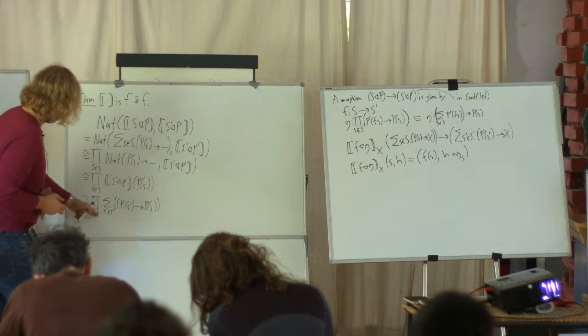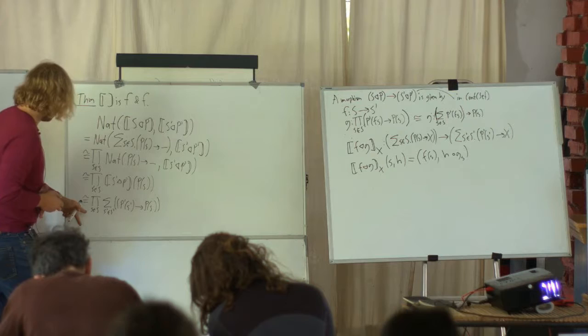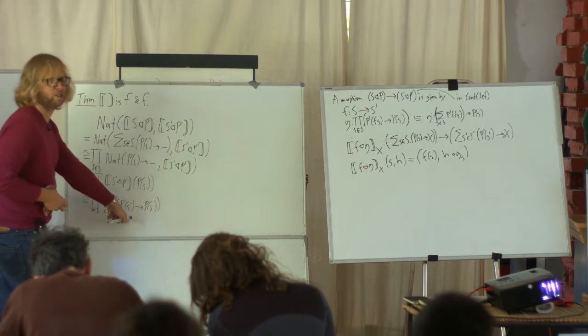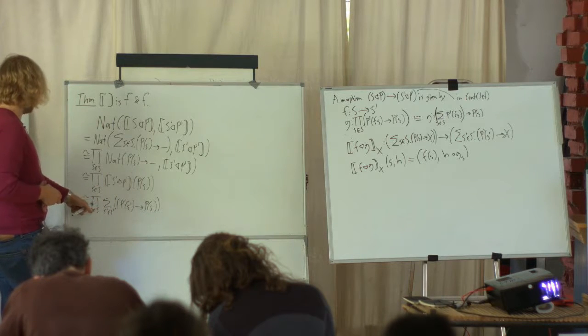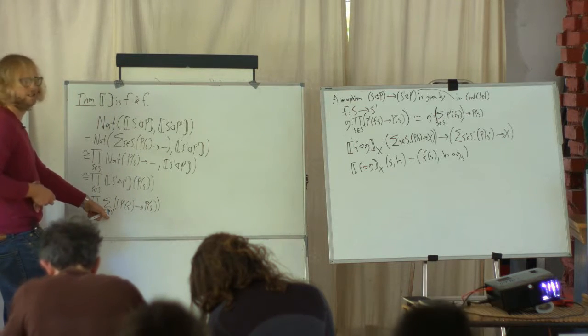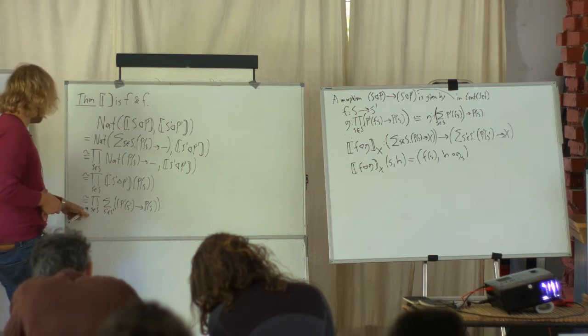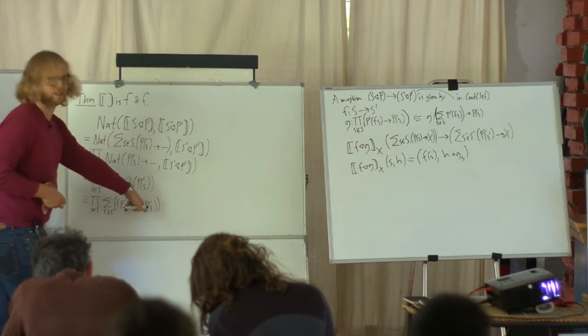And now, one final bit of general juggling. To have a product of coproducts is the same thing as, for every S, you choose which summand you want to be in, and then for every S, you also choose something in that summand.